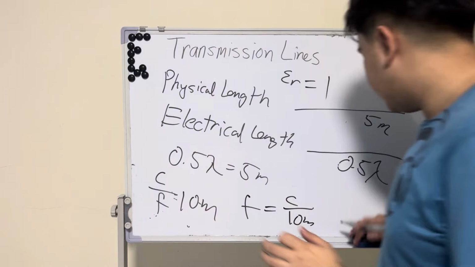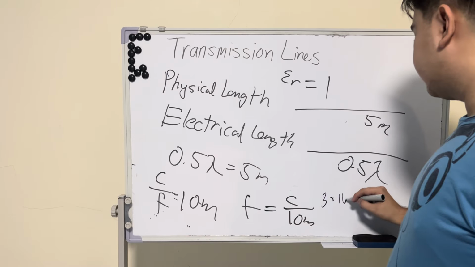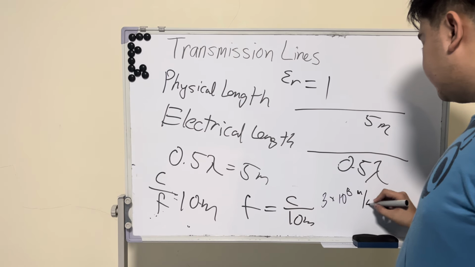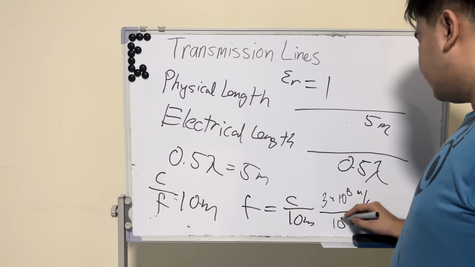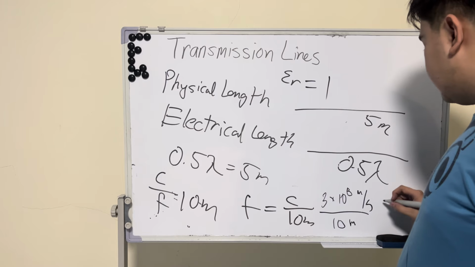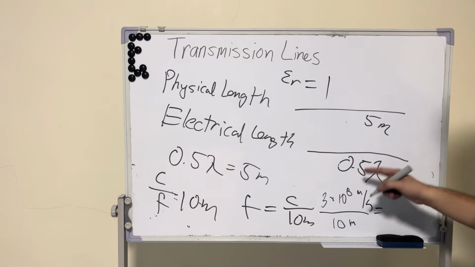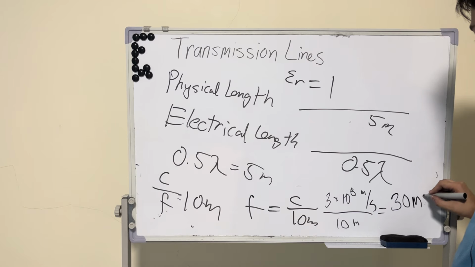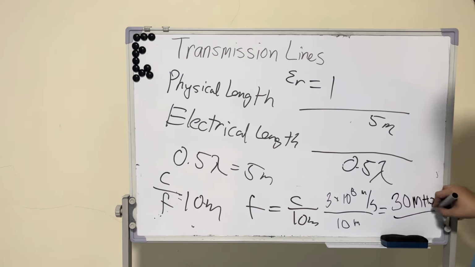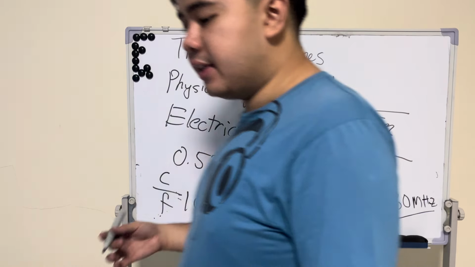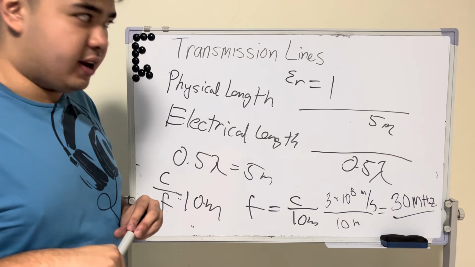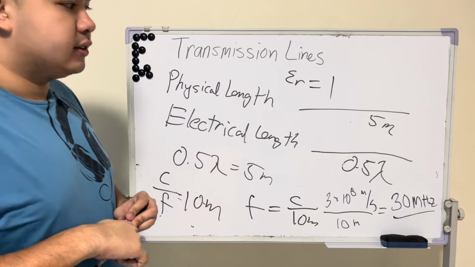What is C again? That is 3 times 10 to the 8 meters per second over 10 meters. We get 3 times 10 to the 7, which is 30 megahertz. That's the frequency of the light traveling through a vacuum with 10 meter wavelength. Alright? And that's it.